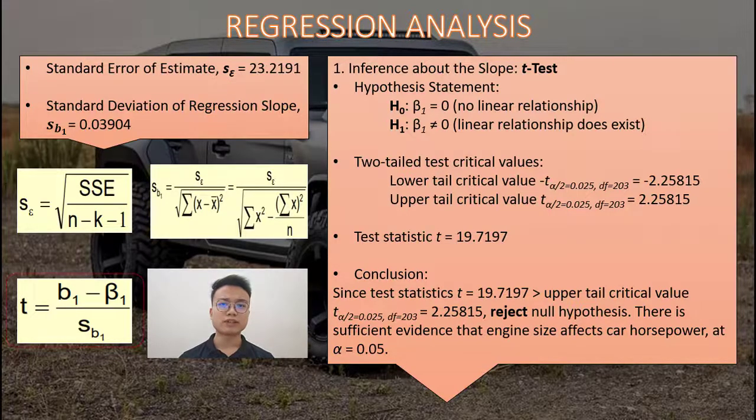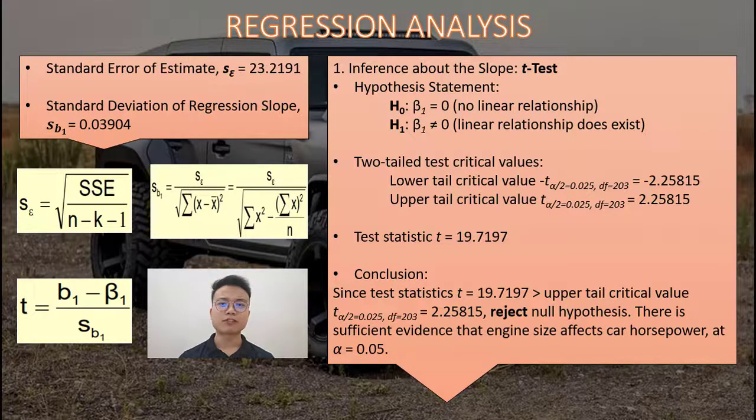By using the formula given, we will find that our test statistic t equals 19.7197. And now we state our decision. Since the test statistic equals 19.7197 is larger than our upper critical value, which is 2.25815, hence we reject the null hypothesis.